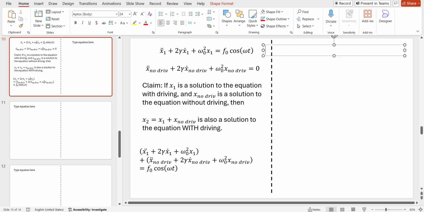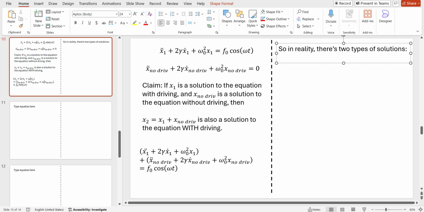In reality, there's two solutions added together. Let's do behaviors.